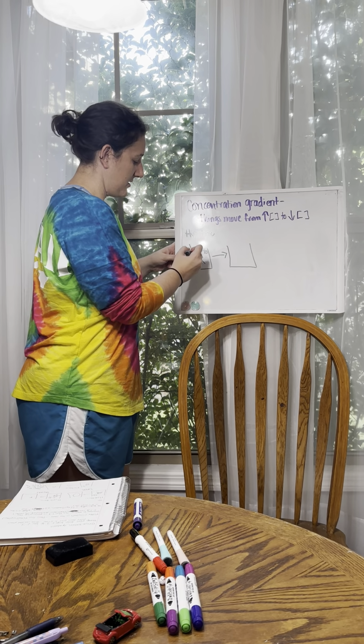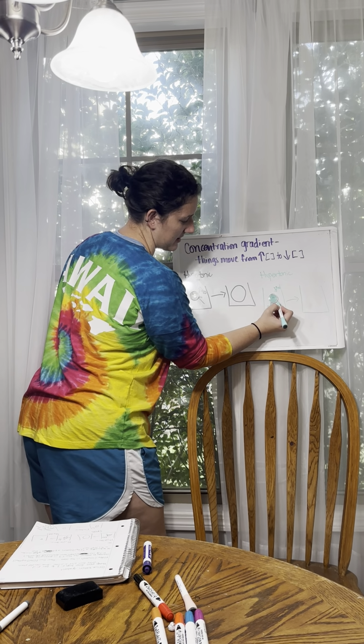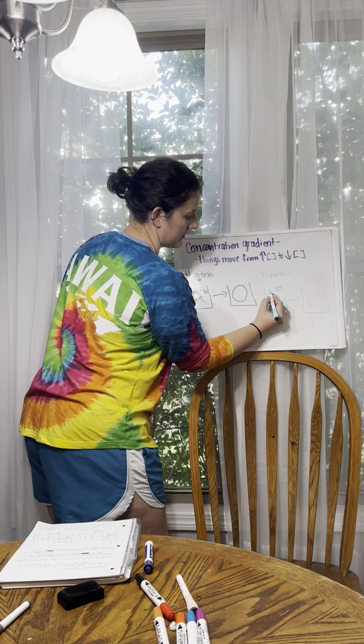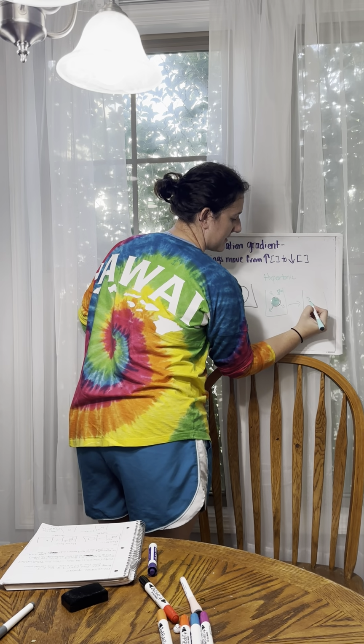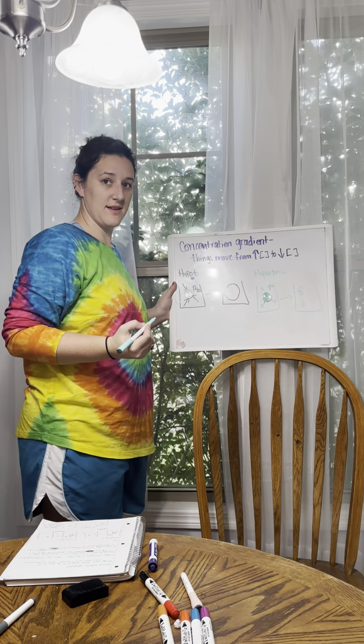So there's less water concentration on the outside of the cell than the inside of the cell. So the water from inside the cell is going to come out to try to create an equilibrium, and that cell is going to shrink and get skinny, right? To make an equal concentration of water inside and outside the cell.